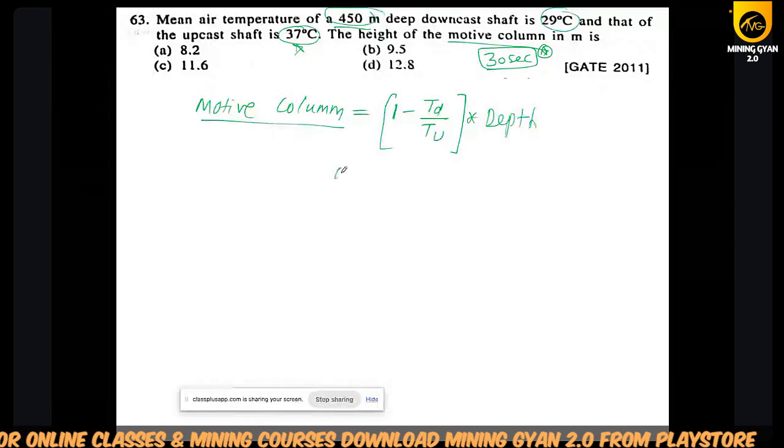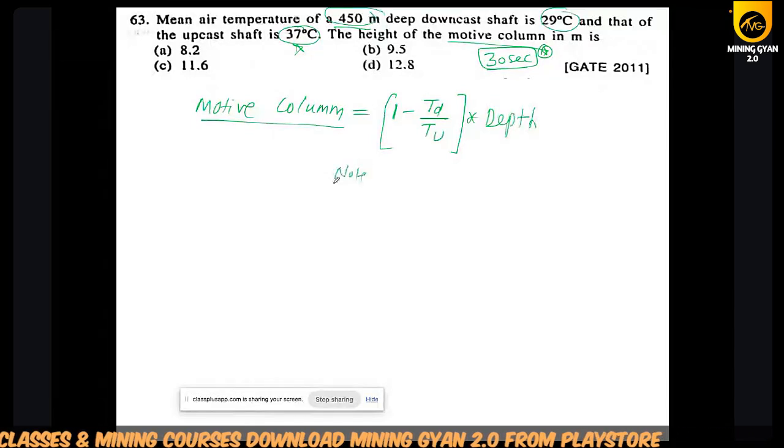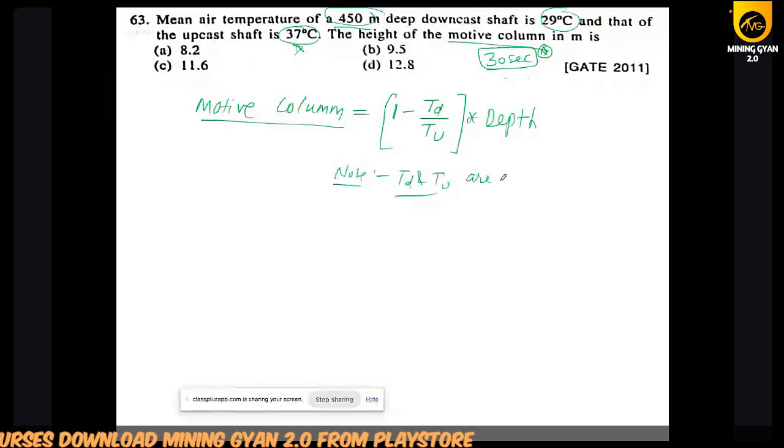Here note that these TD and TU are in Kelvin. Please remember.